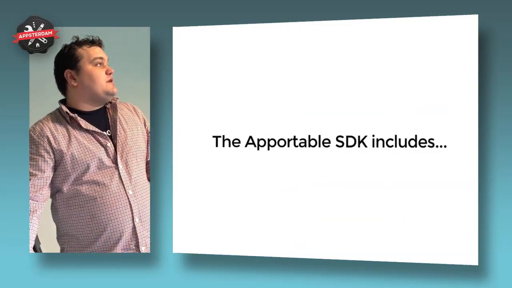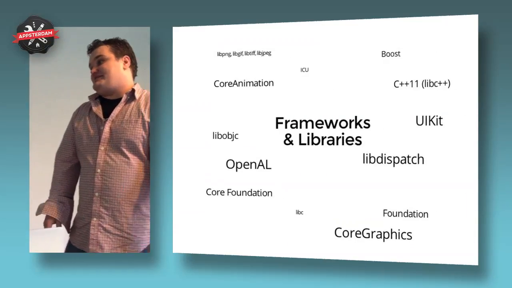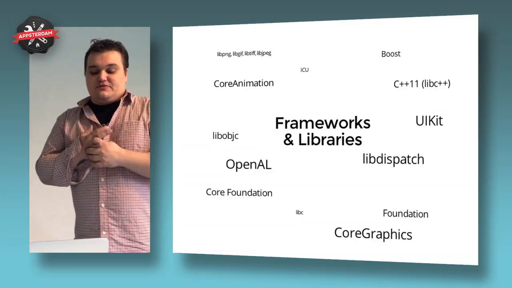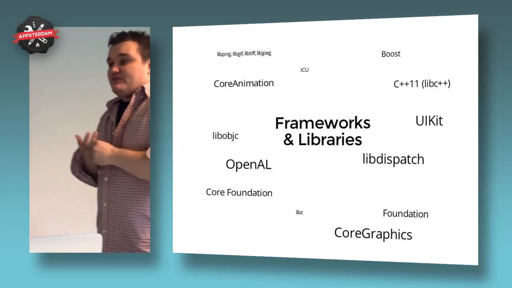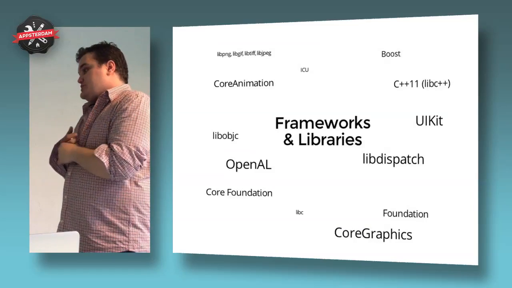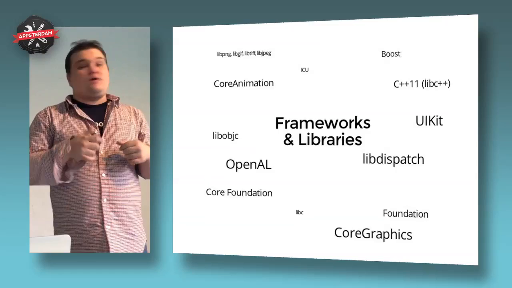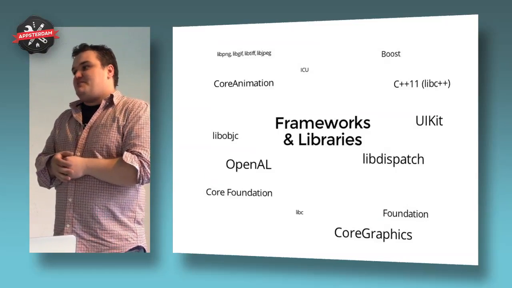All right, so the Apportable SDK. It includes pretty much everything that you would expect on iOS. What we've done is anything that Apple has open sourced, and they've open sourced quite a bit of the low-level bits: libdispatch, libobjc, Core Foundation is mostly open source.